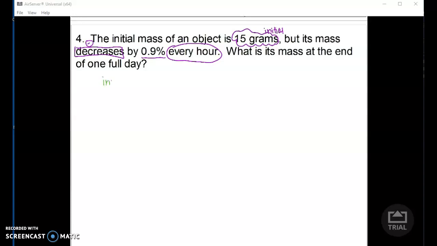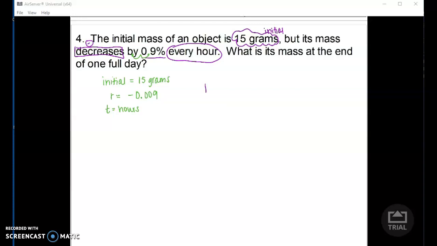We know the initial here is 15 grams. We know the rate is decreasing, so it's going to be negative. It was 0.9%, so if we move our decimal twice, it's going to be 0.009. And then we know that time t is going to be in hours because it says every hour.